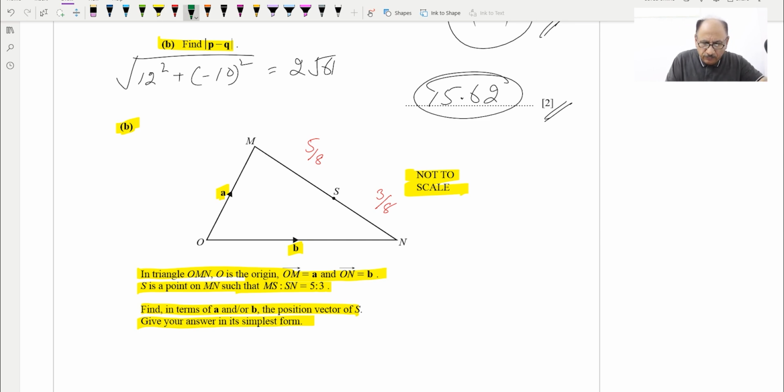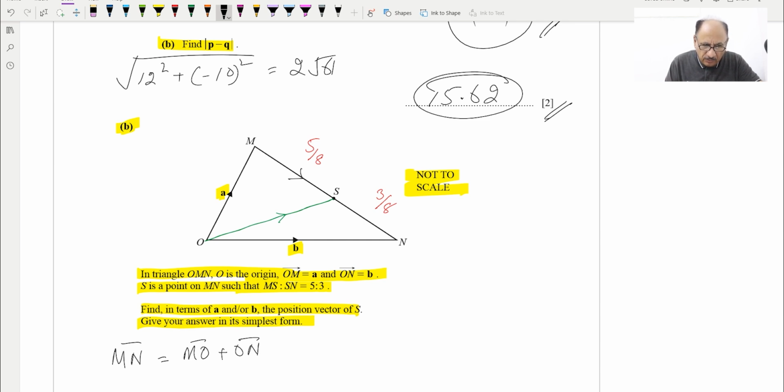So we need the position vector. We will draw the position vector for S, from O to S. First we need to find MN. MN is equal to what? We can write the path. MN will be in this direction, so it will be MO plus ON.